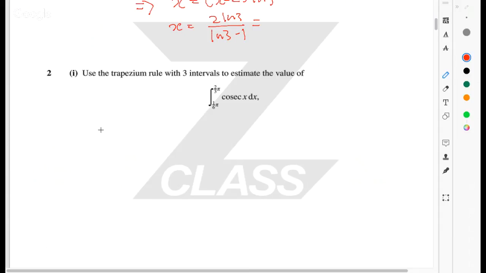And the second one is about the Trapezium rule. When it's asking for 3 intervals, we need the 2 endpoints, plus 2 more points in between. We can see that 2 over 3 pi is really just 4 over 6 pi, and the bottom limit is 1 over 6 pi, of cosec x. Cosec is just 1 over sine.